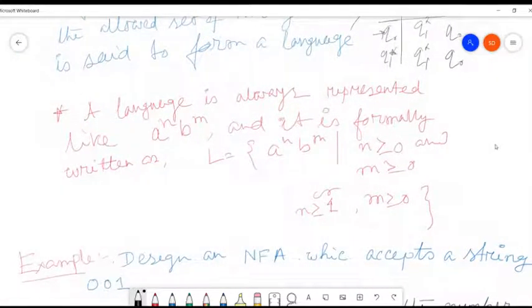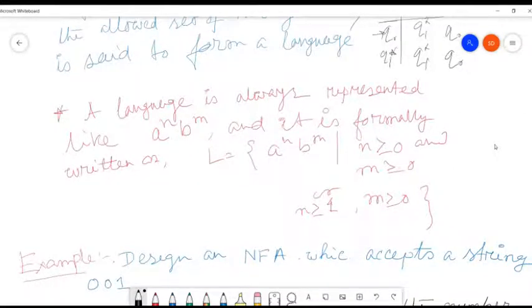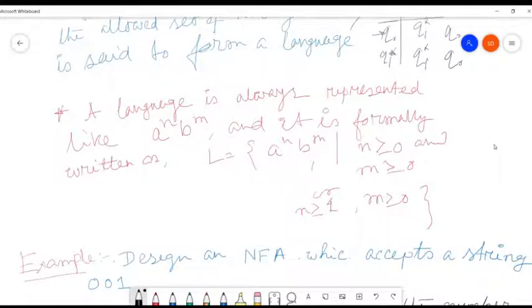For example, for the language L = a to the power n, b to the power m, where n and m may be 0 or greater than 0, n greater than or equal to 0 indicates that this acceptor can also accept the empty string. And in the other case, it will have to accept at least one a, and b can be 0 or more.